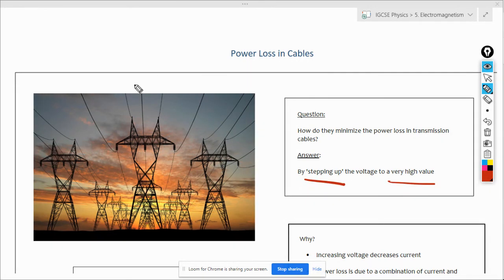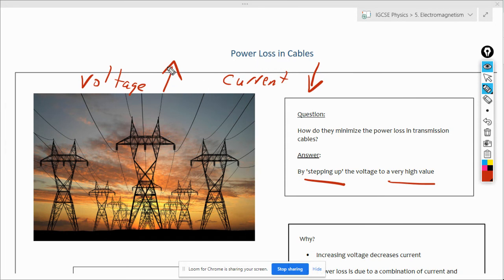Now, why would they make the voltage in these cables super high? Like this could be in the hundreds of thousands, almost 1,000,000 volts. What's the reason that they do that? They do that in order to make the current super low, because it's the current running into resistance that wastes energy as heat.